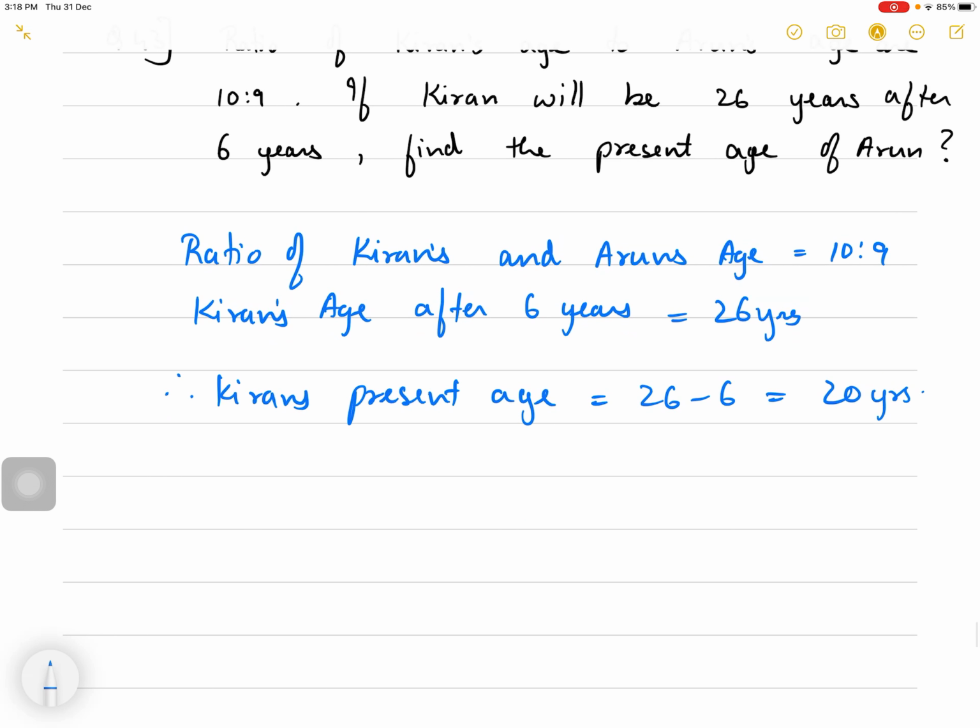So Kiran's age and Arun's age are in the ratio 10:9. If 10 is 20, how much is 9? So do 20 divided by 10 into 9. It comes to 18, right?